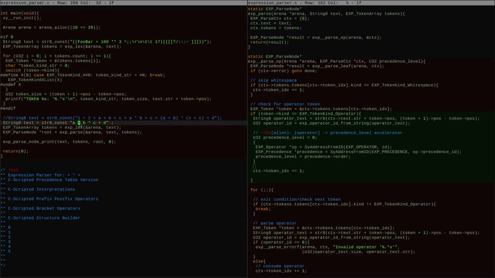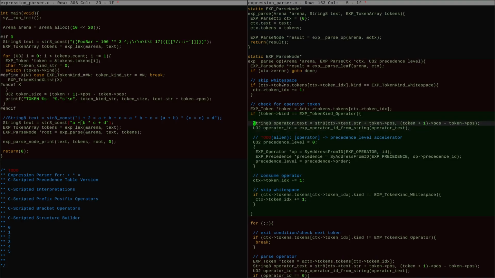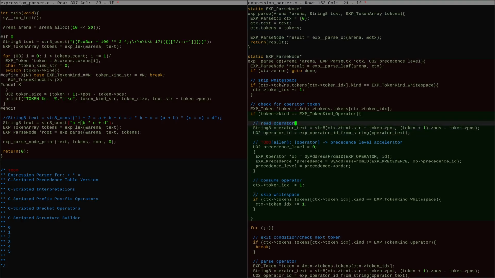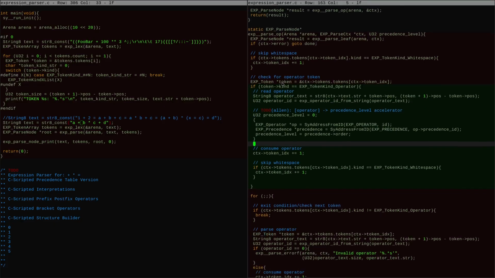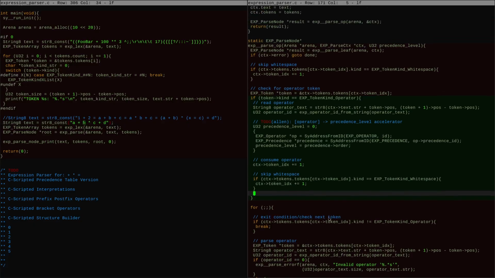Then consume the token for the operator. You may skip white space again. Consume the operator, skip the white space. Then we're in this position, right?